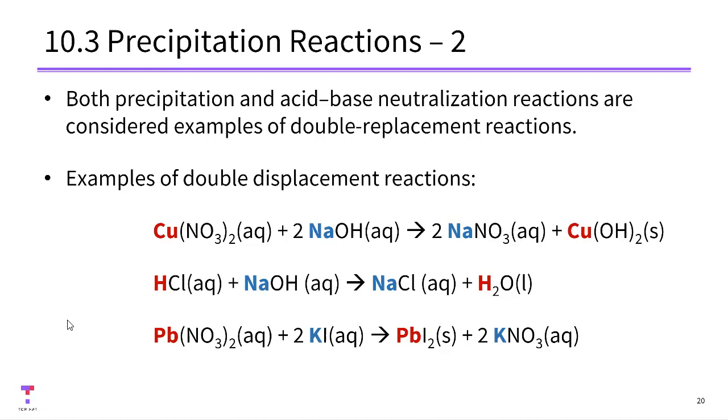What makes them different? Well, in a neutralization reaction, instead of getting a solid product, I'm getting a liquid product. The liquid product, we can almost think about as being a liquid precipitate, water here.